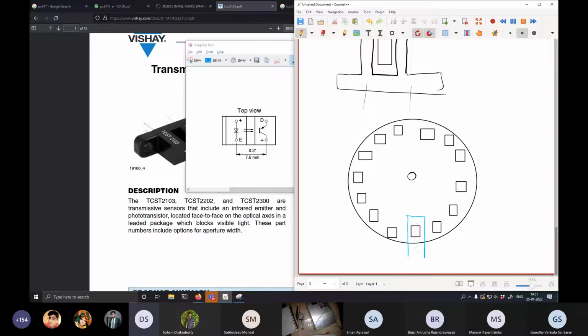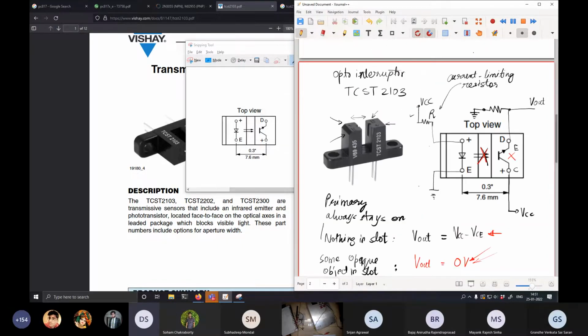All right. So here what will happen is when the slot aligns itself with this line, it's allowing the LED light to fall on the photodiodes.